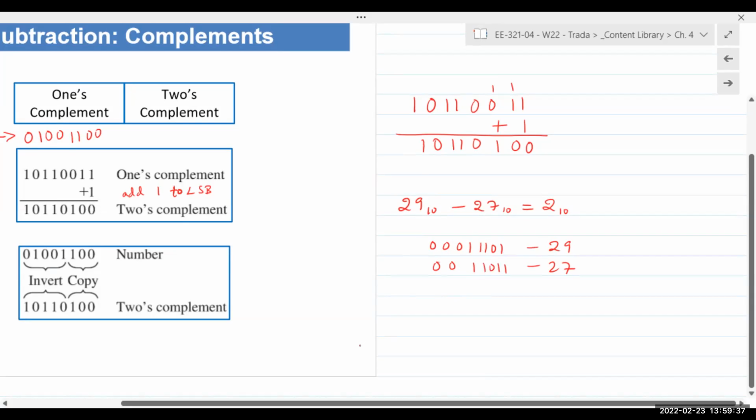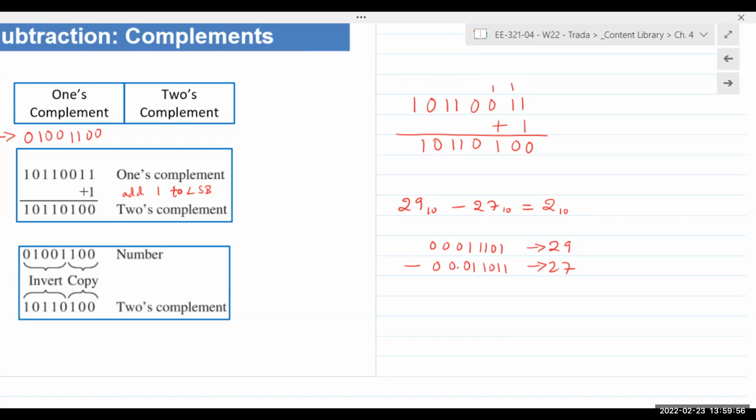Yeah, that's 27. Okay, so we are supposed to subtract 27 from 29. So 0, 0, 0, 1 right there.